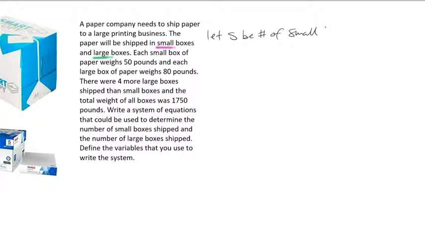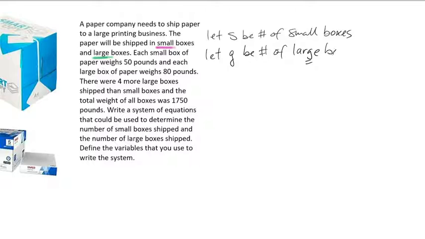And I'm going to say let G be the number of large boxes, L-A-R-G, because L is such a bad letter, it looks like 1.